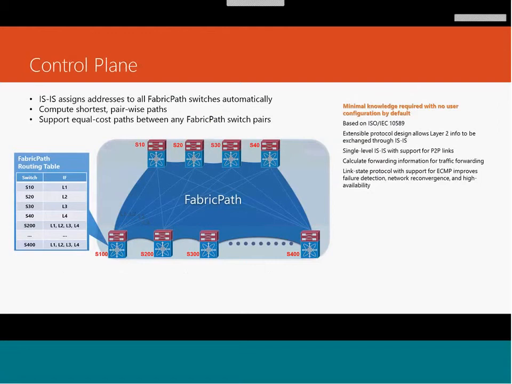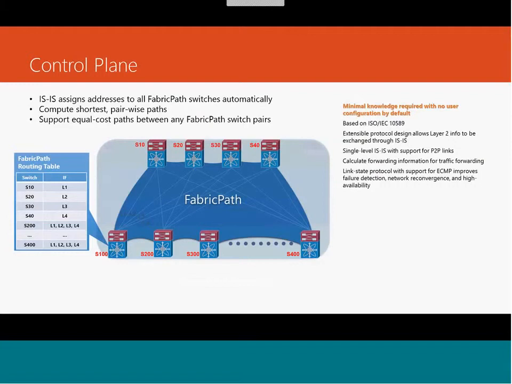All right. So in the control plane, what we are running is ISIS, right? It is based on the ISO IEC 10589 standard. Apart from that, it's just a layer 2 ISIS. It's not even a layer 3 ISIS, so you don't even need to remember that.